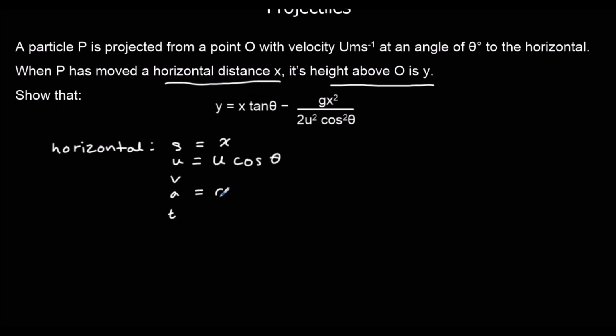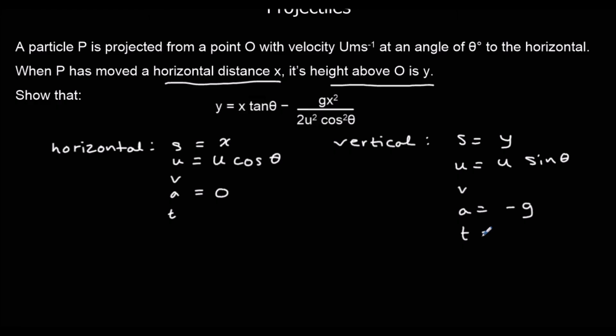Then remember, acceleration is going to be 0 for the horizontal component. For the vertical component, the displacement is going to be y. u is going to be u sine theta. a is going to be negative g. And the time should be the same for both of them, so we can call both the times t.